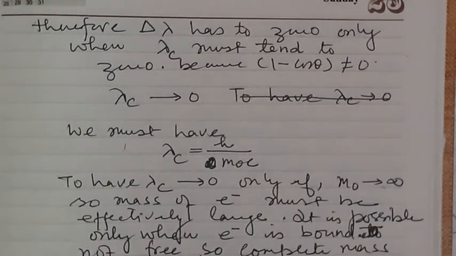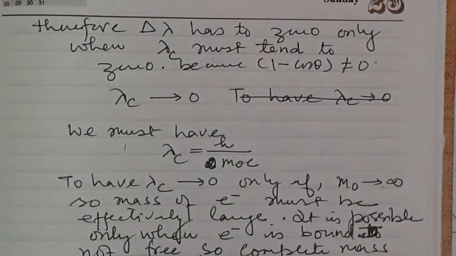If lambda c tends to 0, it means that the Compton wavelength, h upon m naught c, goes to 0, where c can't be infinity and h can't be 0. The only parameter which makes lambda c equal to 0 is the mass, which should be infinite. That is possible if the mass is attached to the atom system, which means the electron is not free.